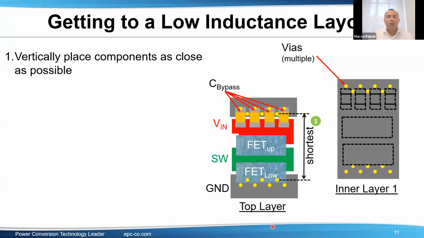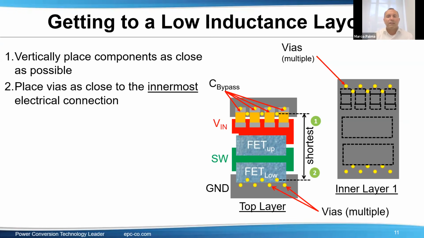We show here the top and the inner layer one layout with the placement of the FET and bus capacitor. I'm just showing 2 layers. You may have an 8 layer board, but I'm showing 2 layers. Next we place the vias as close as possible to yield the shortest connection path between the 2 ground connections.